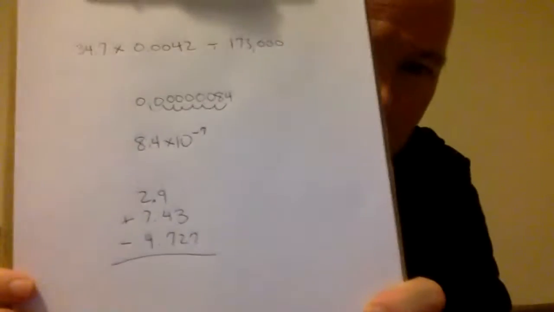So let me give you an example, and I'm going to set it up in that old school way where you learn to add. 2.9 plus 7.43 minus 4.727. So here are my three numbers, just like that.